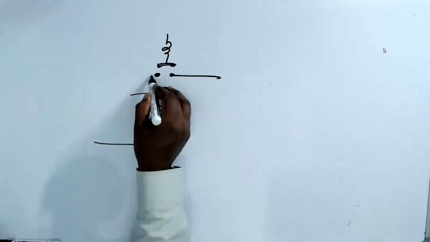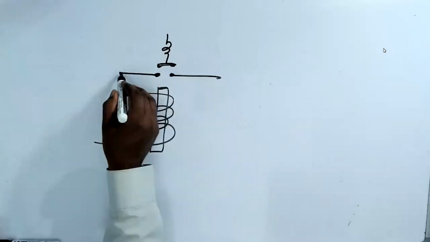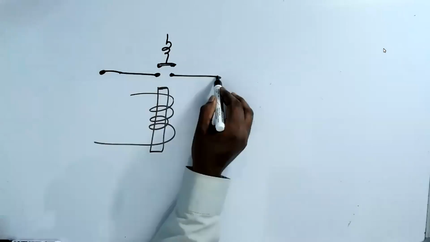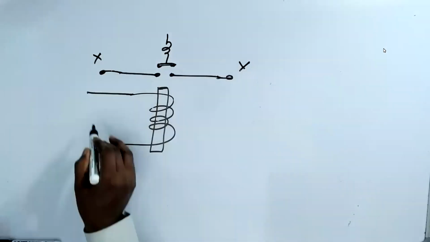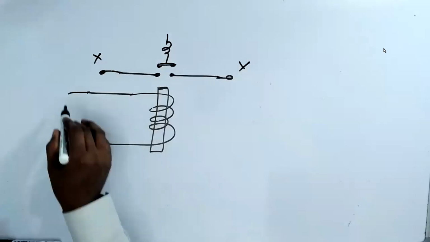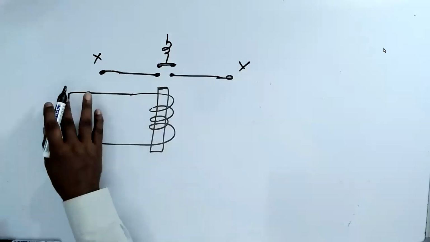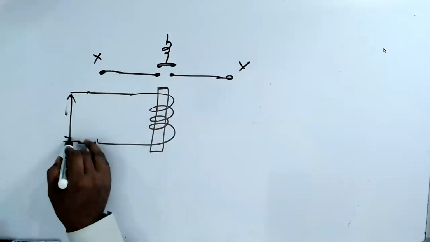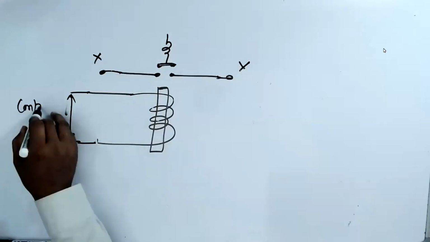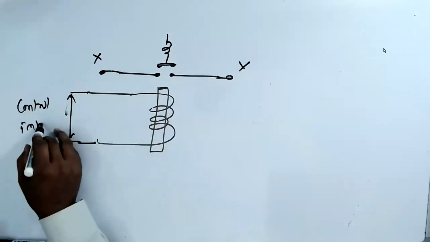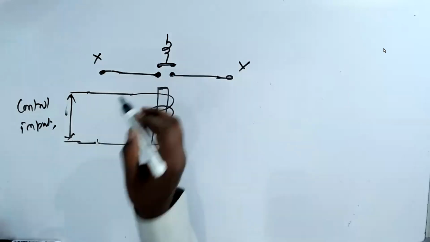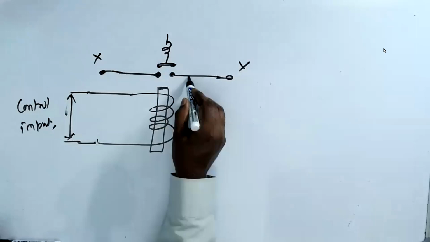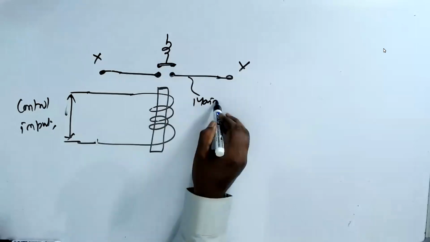This is the input called X and Y. These are two inputs. This is a control input. This is the main supply. And this is the spring.